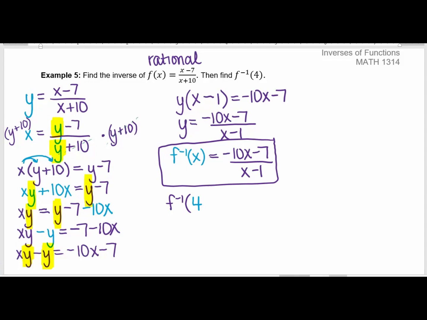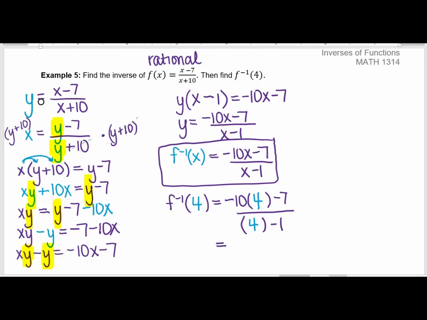So that means that we need to plug in a 4 every time we see an x in our inverse. So instead of negative 10x minus 7 in the numerator, we have negative 10 times 4 minus 7. And in the bottom, we have, instead of x minus 1, 4 minus 1.